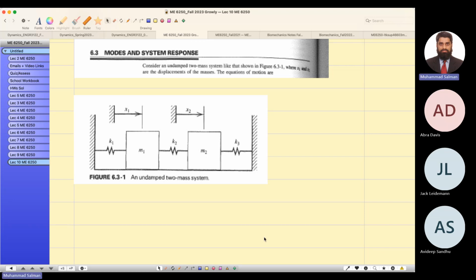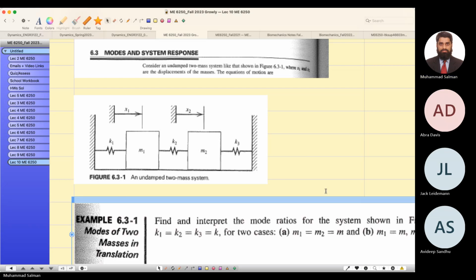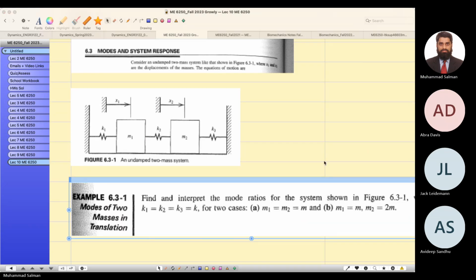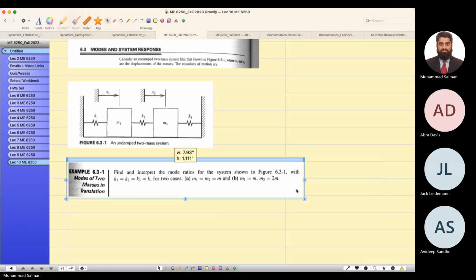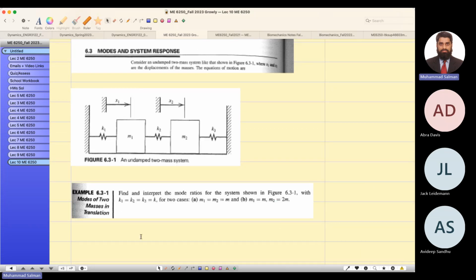We will derive this and find out the answer. The question is, let me show you the question: find and interpret the mode ratio of the system shown in the figure.